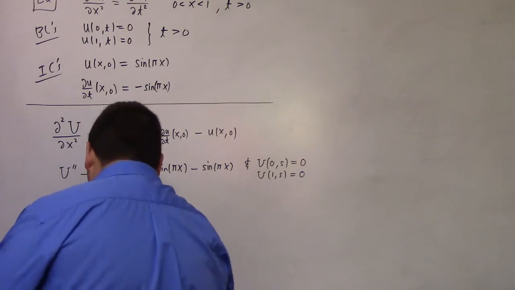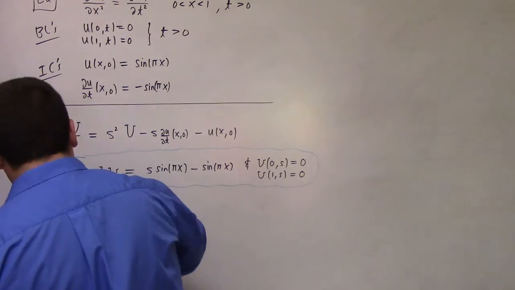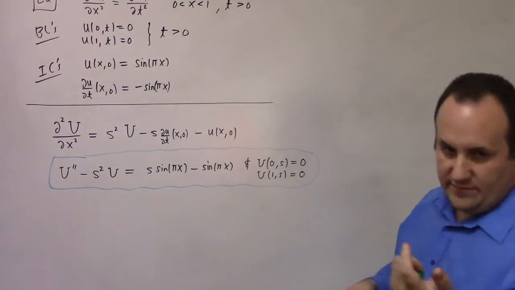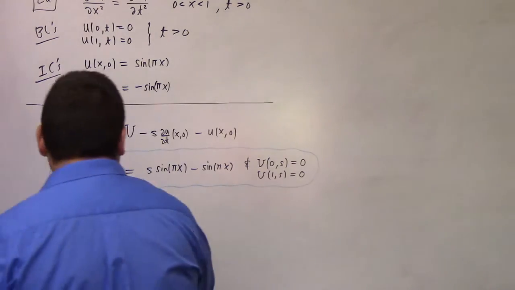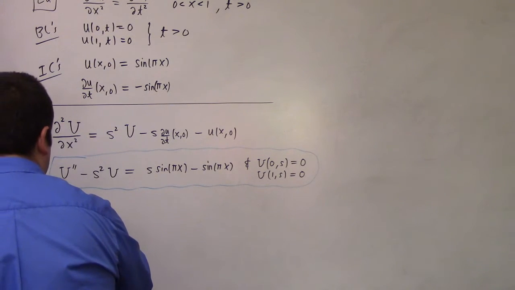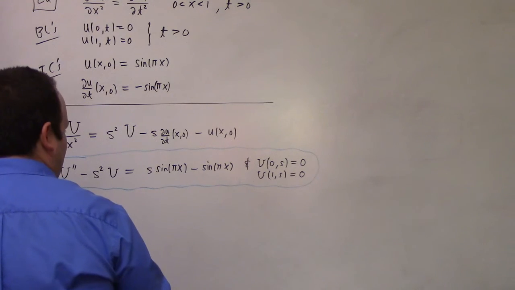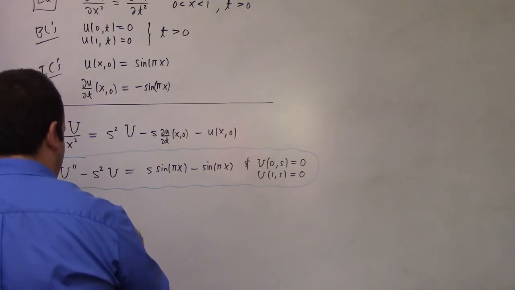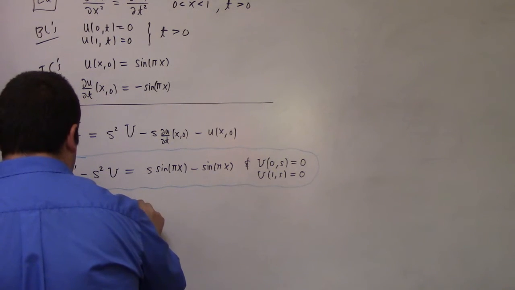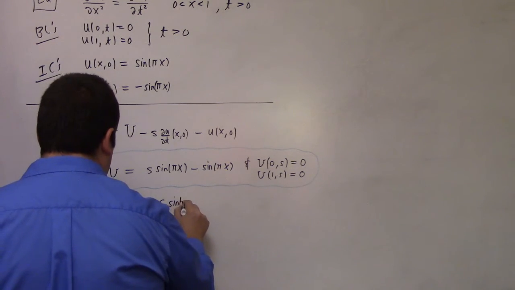So now we face an innocuous, harmless little boundary value problem, one variable. The homogeneous solution is C1 cosh sx plus C2 sinh sx.